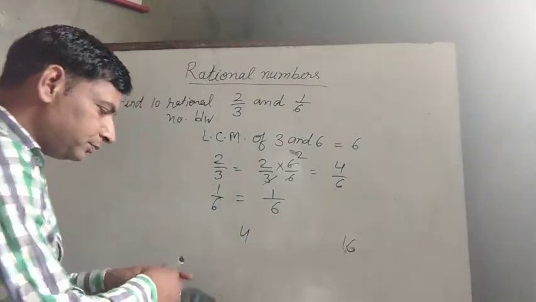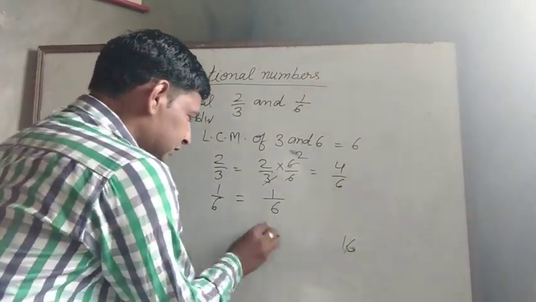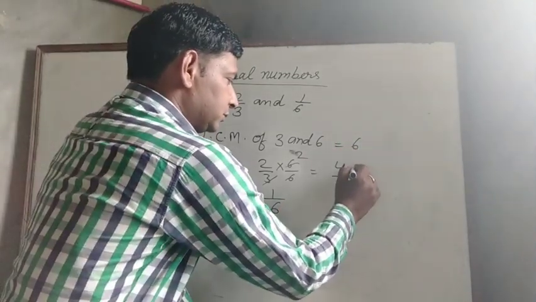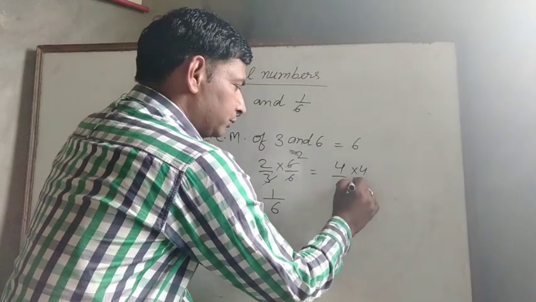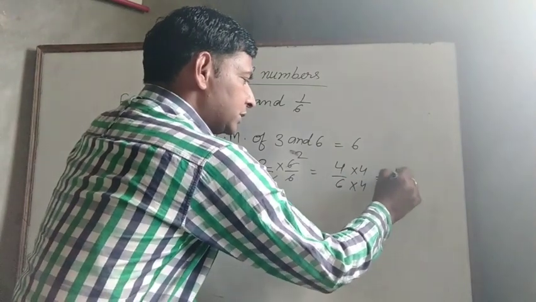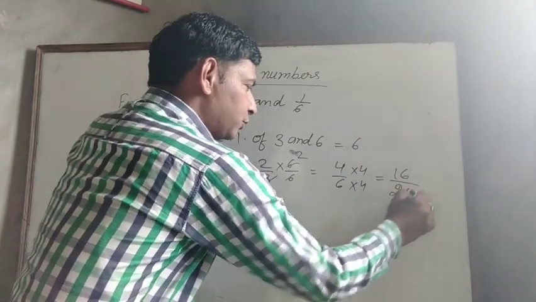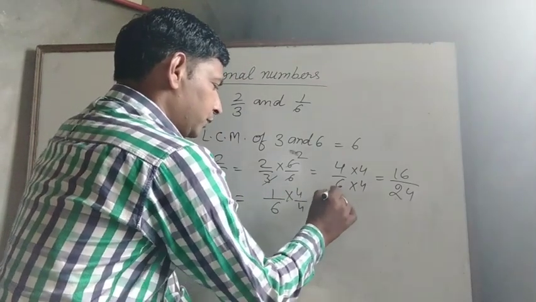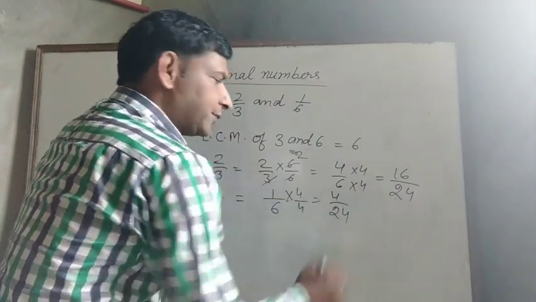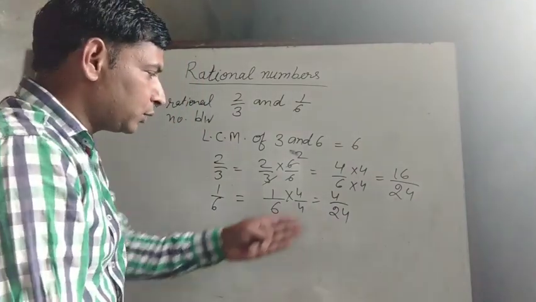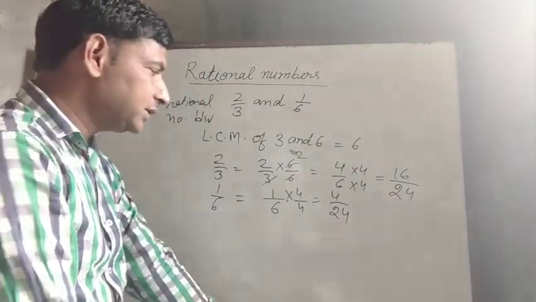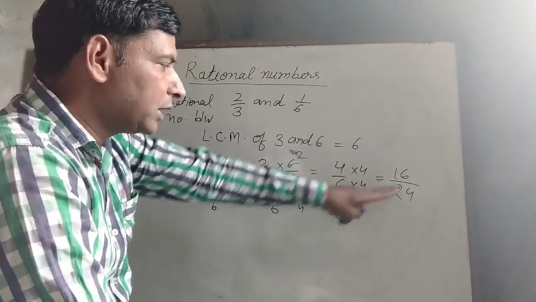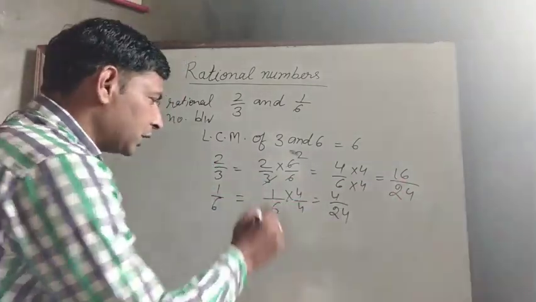Now multiply by 4: 4 upon 24 and 16 upon 24. Now write 10 rational numbers between 4 upon 24 and 16 upon 24.